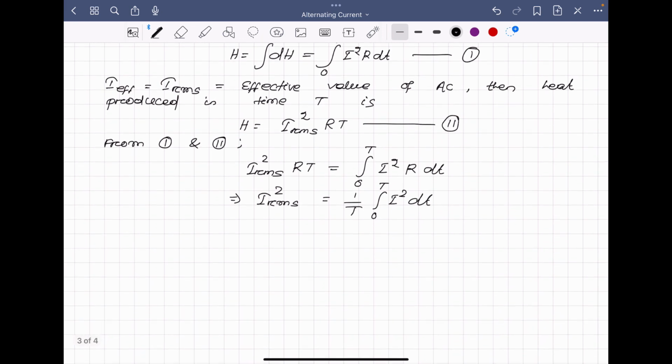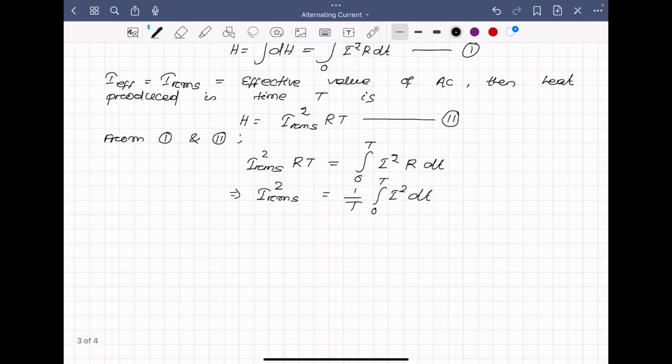In place of I, you can write I naught sin omega t. Here this becomes 0 to T I naught square sin square omega t dt, as here we put I equal to I naught sin omega t.